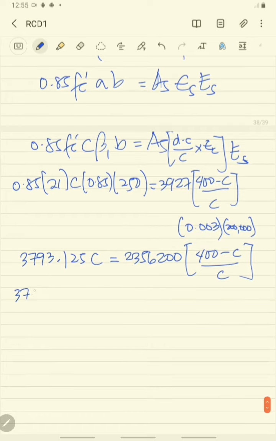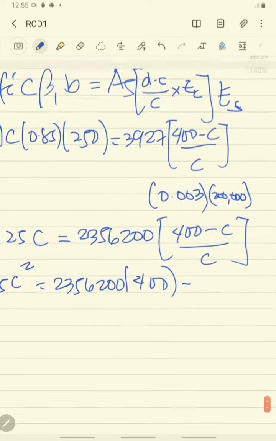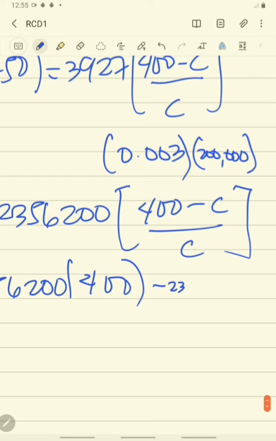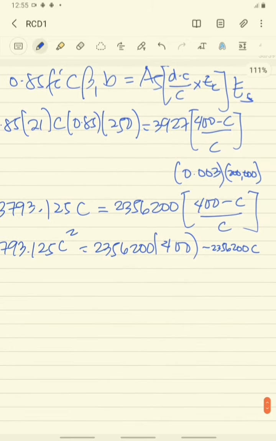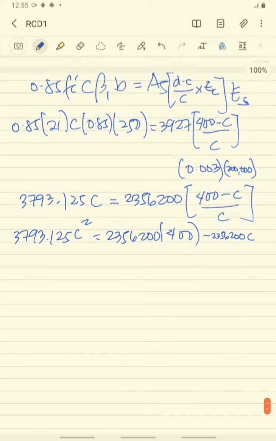So this will become 3793.125 c squared is equal to 2356.2 times 400 minus 2356.2 times c. Okay, I hope I don't miss anything for this equation.